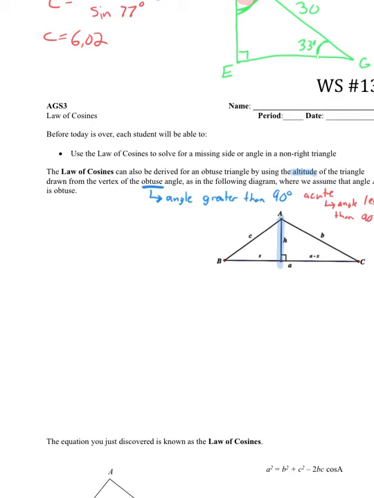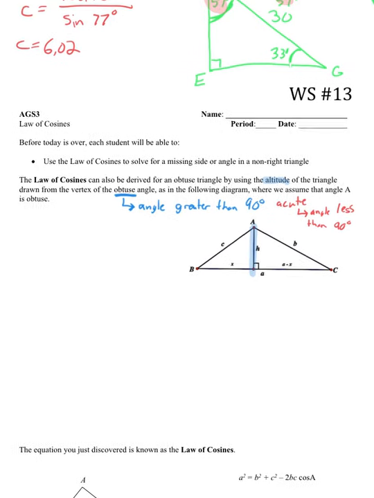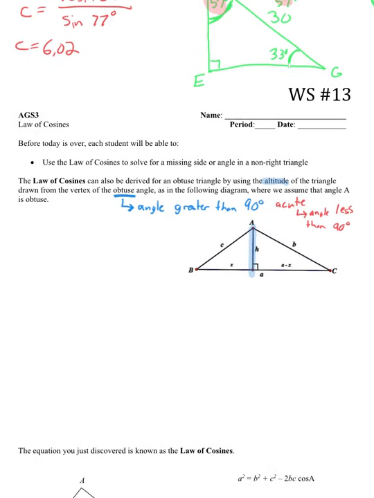The way the law of cosines works is it starts with a triangle that looks like this. Say this entire length here is side length a. Over here this side is going to be x and the other side is going to be whatever is left, a minus x.